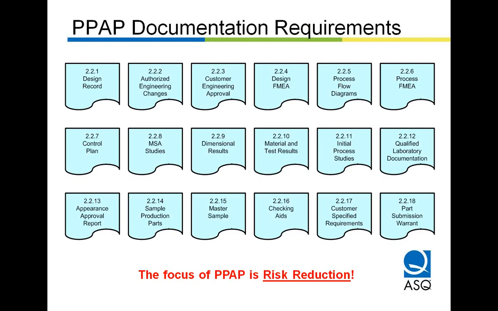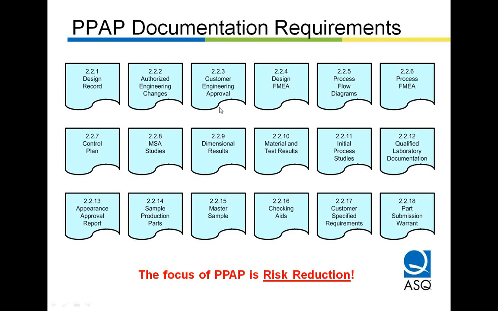So we have these 18 different documentation requirements. Understanding what the requirements are, and if there's any updates or changes to those requirements, you can think of each of these blocks as being a file folder that contains certain types of information. These can be electronic or they can be paper.